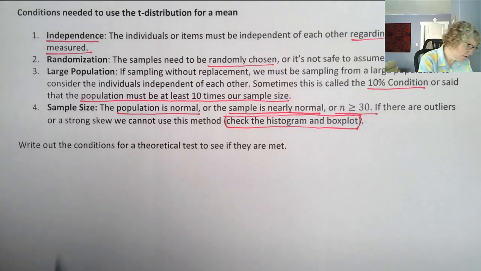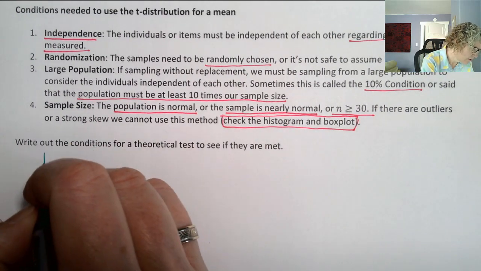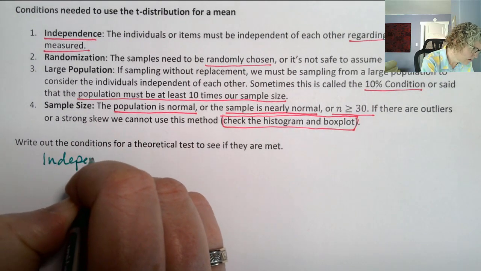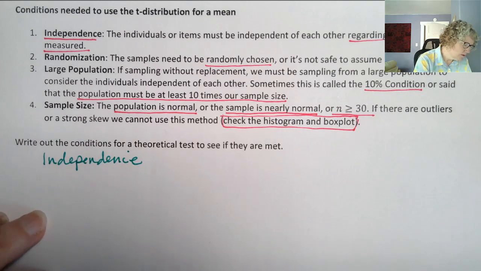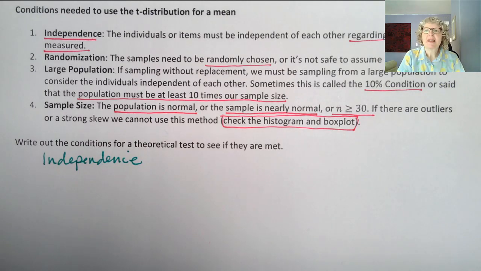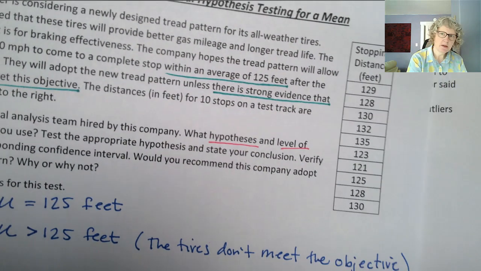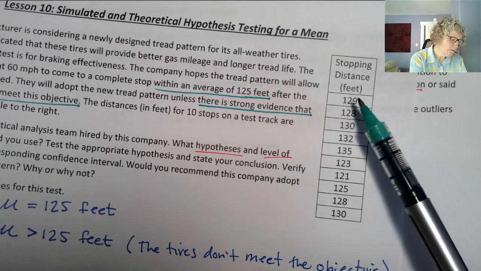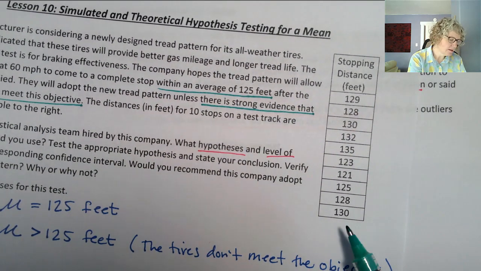Okay, independence. So, oops, there's no dot there. So this is an interesting situation. It's not a survey, right? It's a measurement. These are stopping distances in feet.